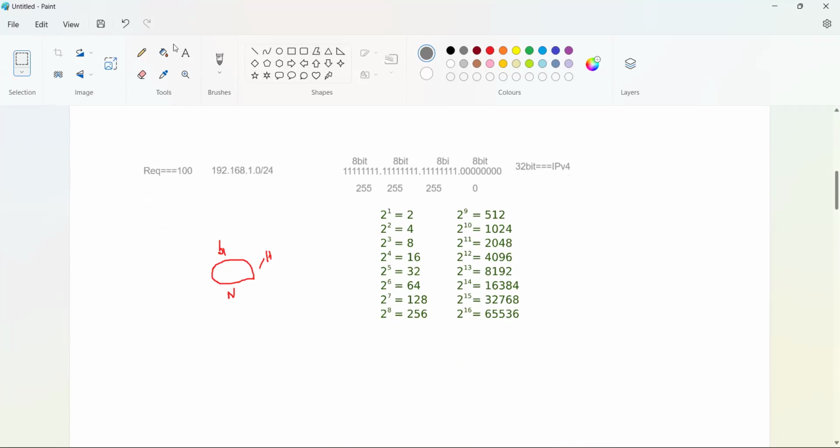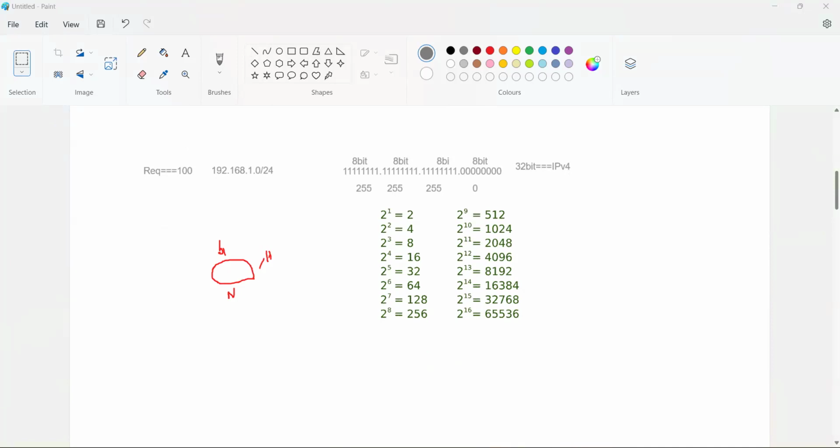How? Just calculate every value: 2 plus 4 plus 8 plus 16 plus 32 plus 64 plus 128, up to here only. Just place it.